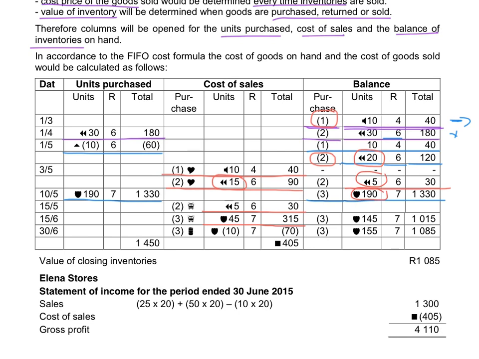Now we have to determine how many units we have left over in number 3. There was 190 units. We sold 45 units, so there are 145 units left over that cost R7 each, and the total value is now 1015.